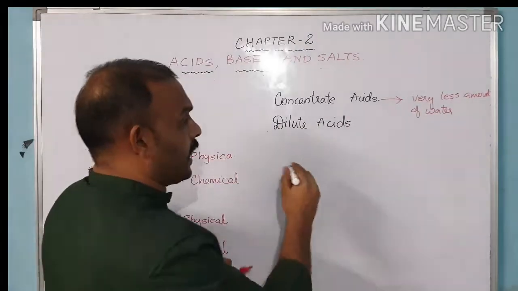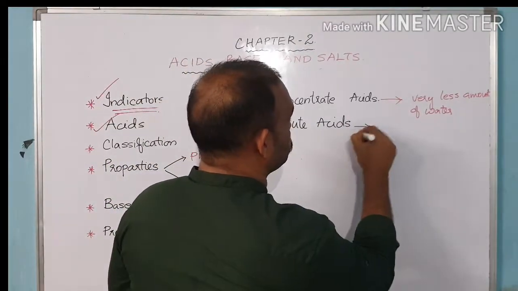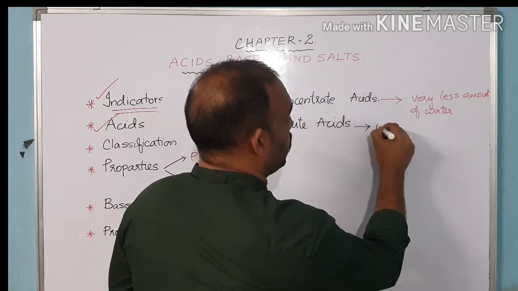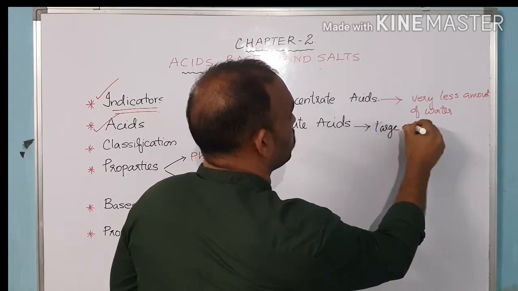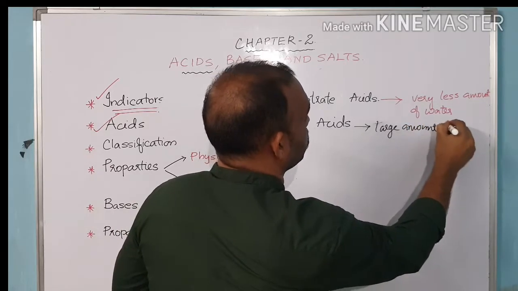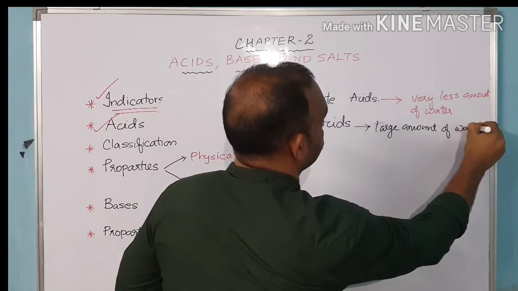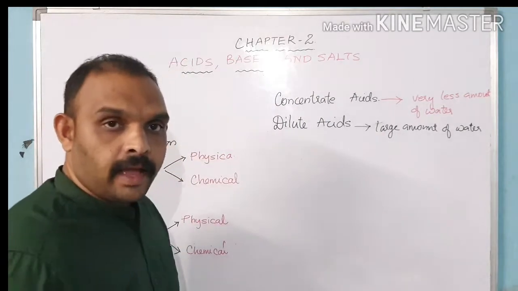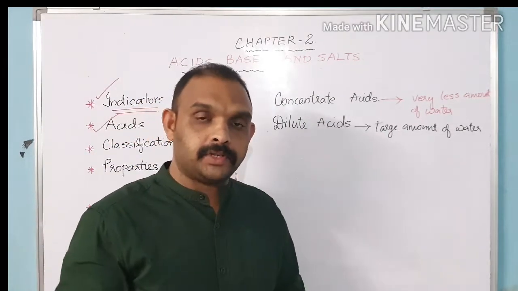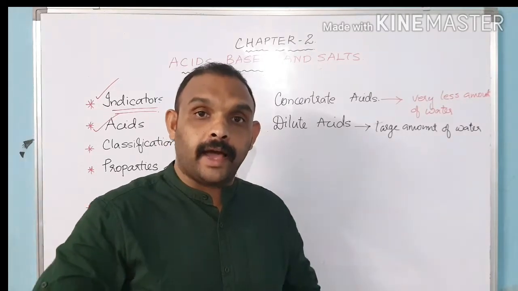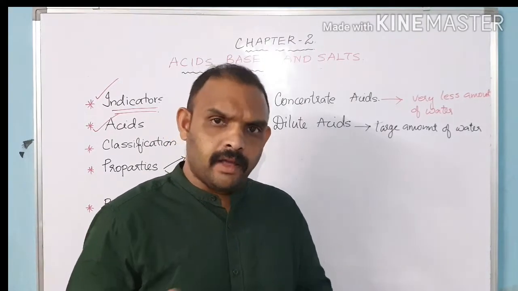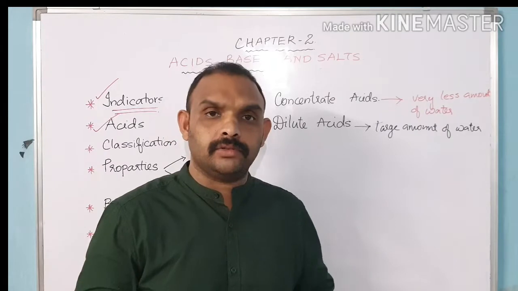Now what are dilute acids? Dilute acids means acids which contain a large amount of water. As I told you, commercially all types of acids are provided as concentrated acids. Then how can we make it dilute?